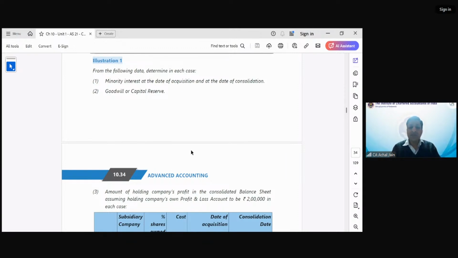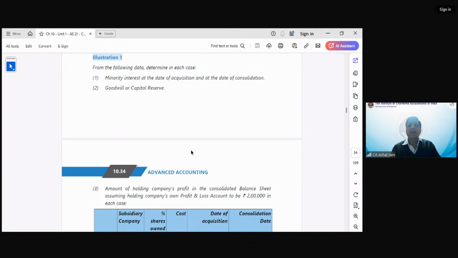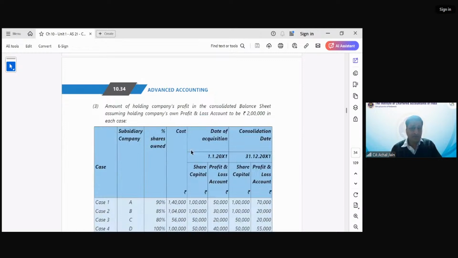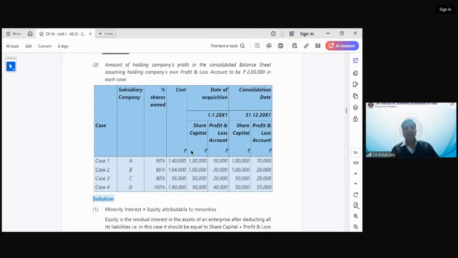Now let's look at the information which is available. I think there's a third thing which is required, that is the profit share of the holding, or you can say the amount of the reserves of the holding company, which will be shown in the consolidated balance sheet. Now the information is available about the subsidiary company.